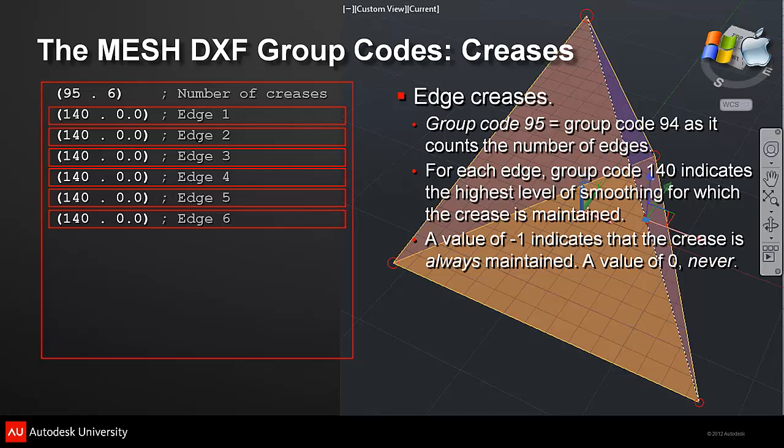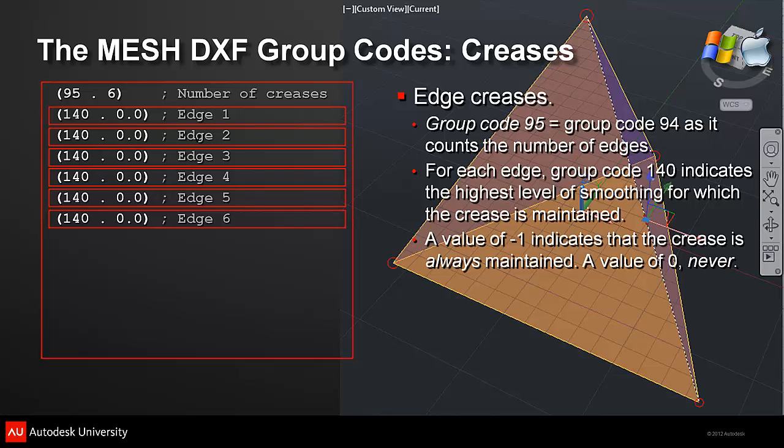Each edge may have its own crease value. The crease sequence begins with a group code 95 equal to the number of edges. It is followed by that number of sublists with group codes 140 that contain the edge crease value. This number defines the highest smoothing level for which the crease is kept.